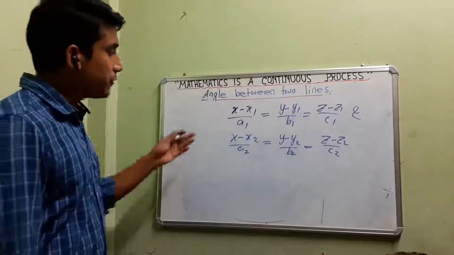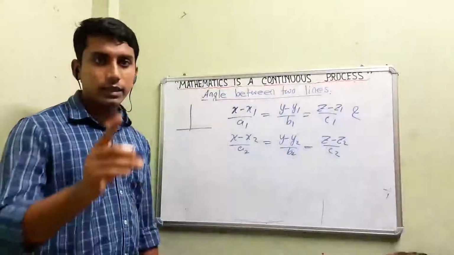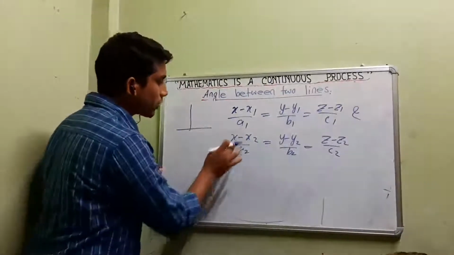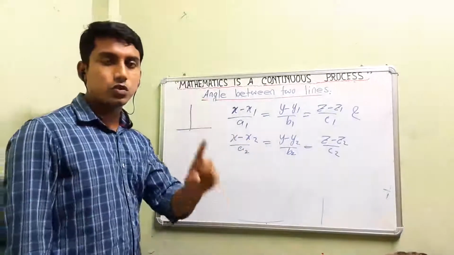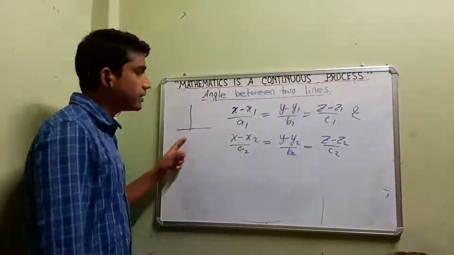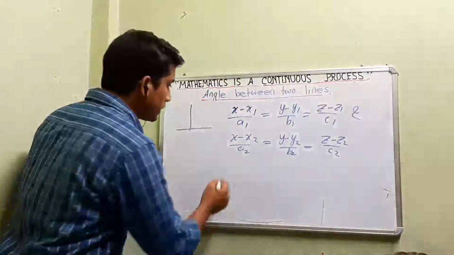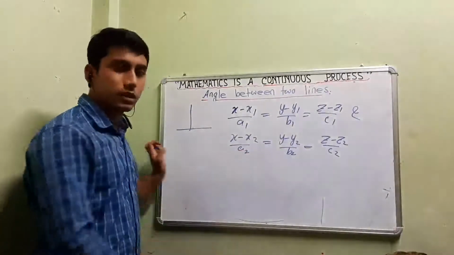Now suppose the two lines are perpendicular to each other. At that time, the sum of the products of their direction ratios will always be equal to 0. Remember the concept. The denominators are the direction ratios.